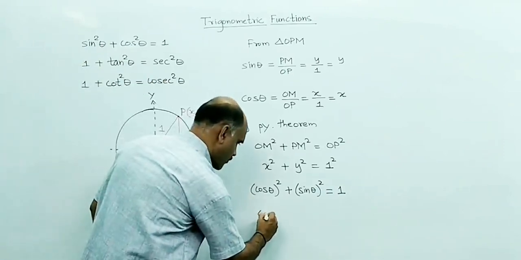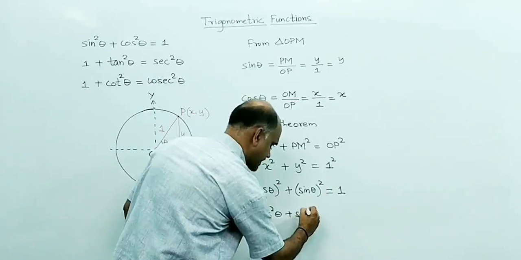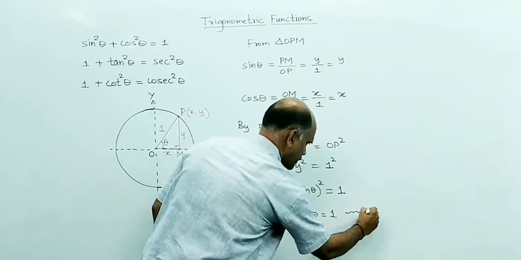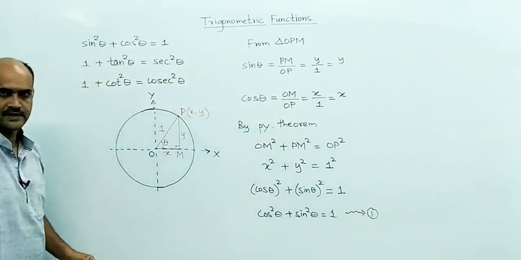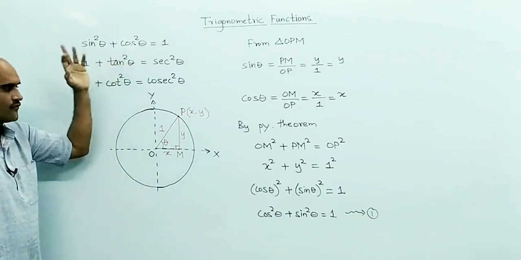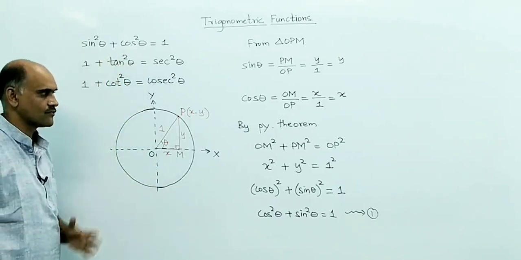So our first formula is cos square theta plus sin square theta is equal to 1, or sin square theta plus cos square theta is equal to 1.